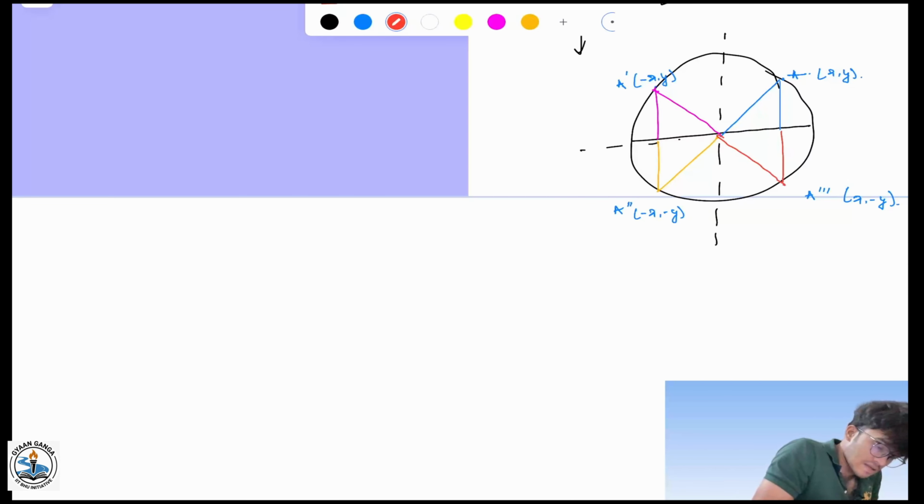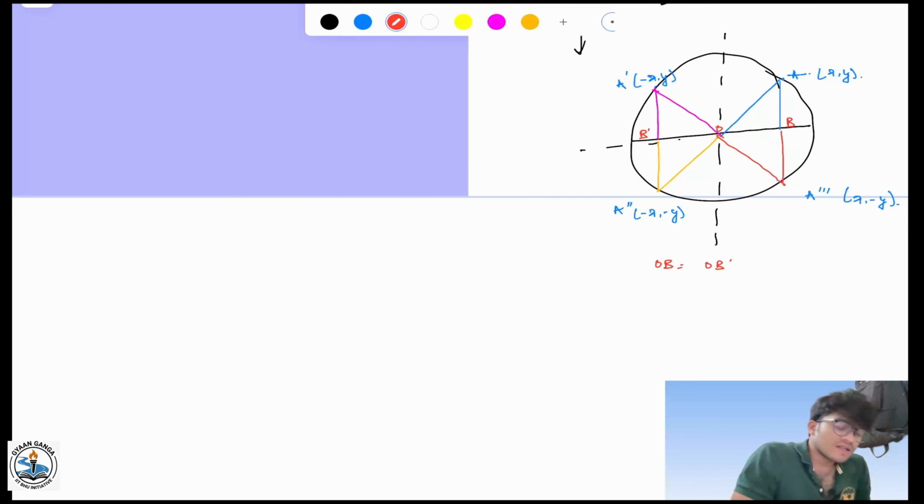It doesn't make sense to explicitly write b double dash because we are referring to the same point, so I'll just remove it. What I mean to say is that this is centered at O, so OB is equal to OB dash. OB dash is indicated by minus x, but it's just the direction. The absolute distance remains the same.